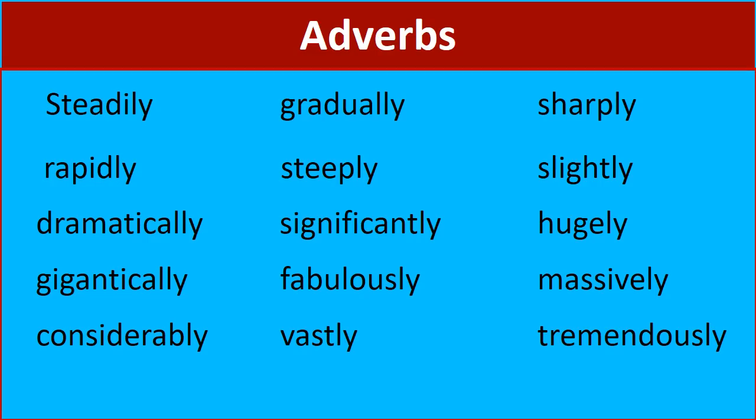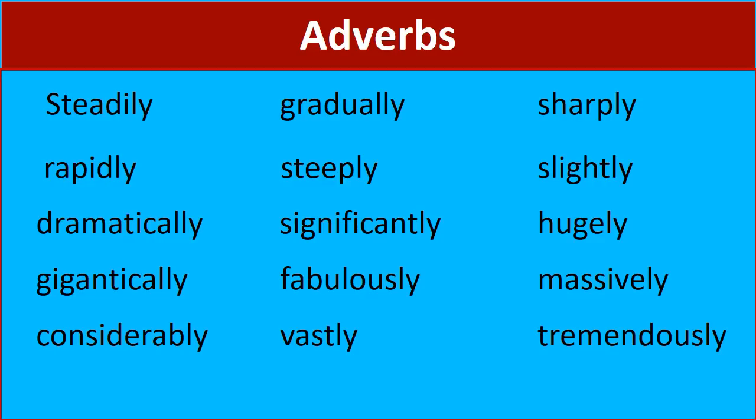And now students, when you are describing your actions, we need to use adverbs. So an adverb qualifies a verb, so it is to be used after the verb. For example, steadily, gradually, sharply.